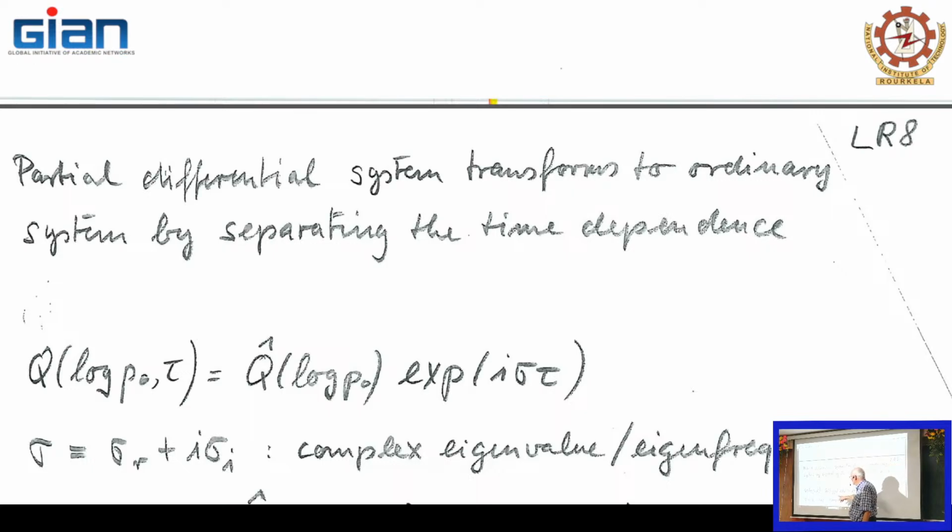Let's denote it by q hat, only a function of the spatial coordinate log p naught, times an exponential of I sigma tau. This is the time dependence of the variables which we assume.